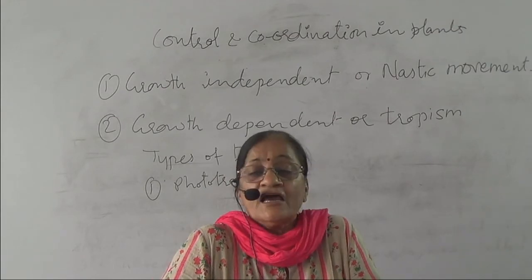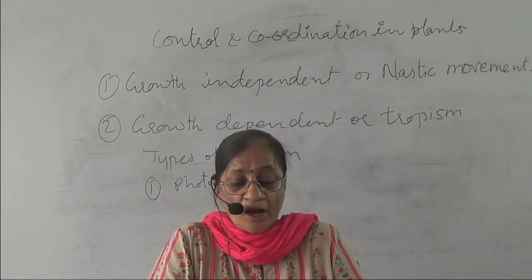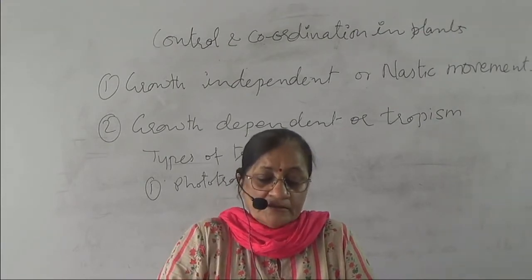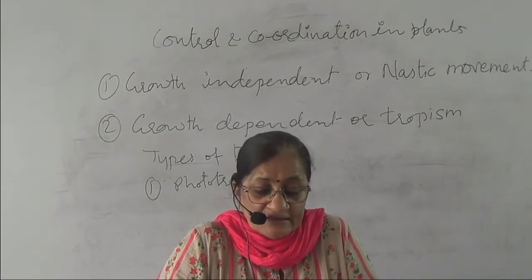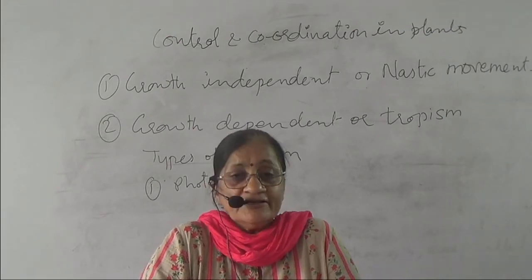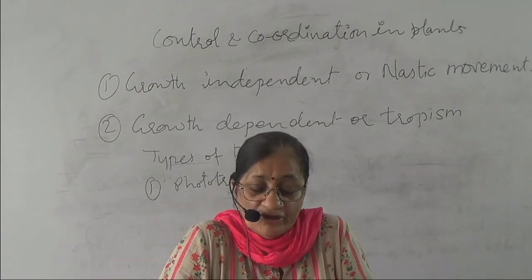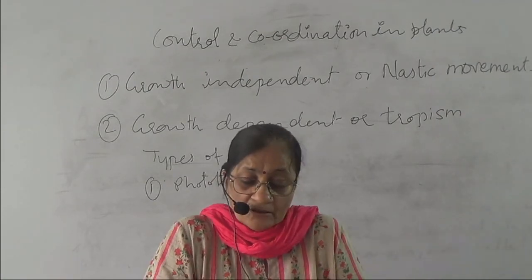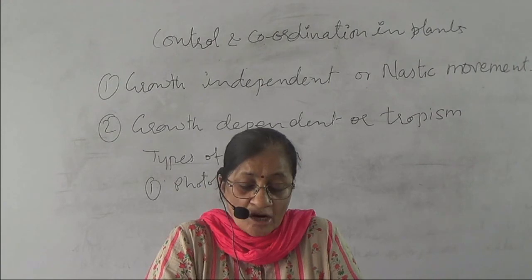For this I give one example. If we take two potted plants and keep one plant in direct sunlight and the other in a room near a window in such a way that it receives sunlight from one side only, after some time we will notice that the first plant has grown straight up, while the second has grown by bending towards the light.